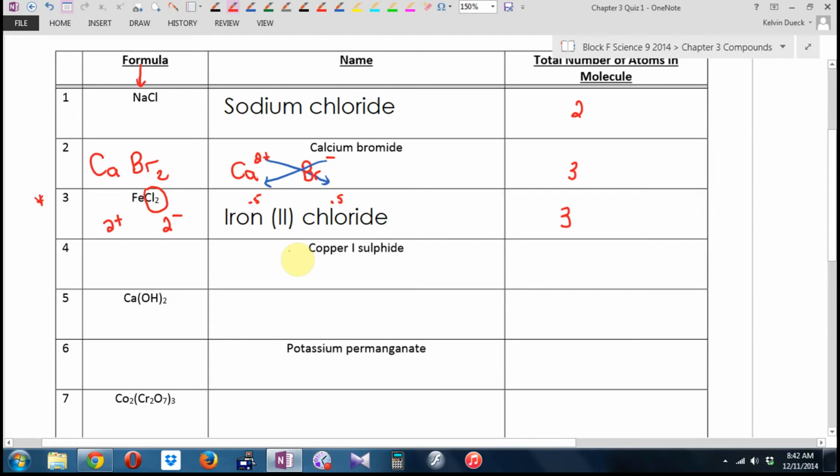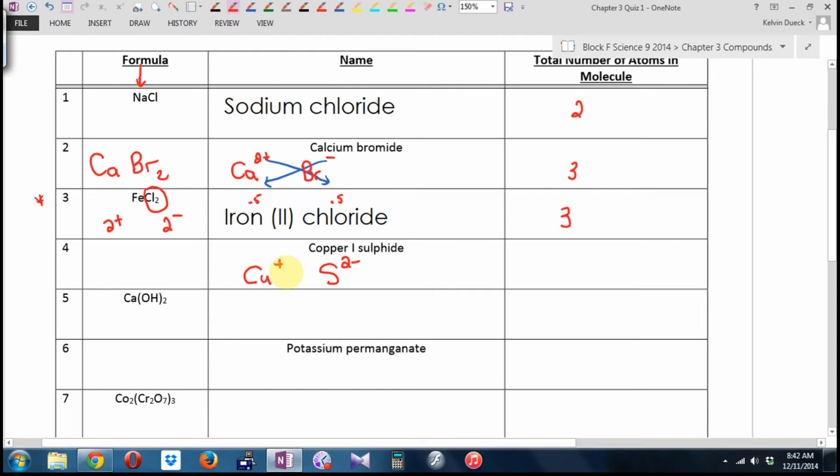Next one, copper 1 sulfide. Okay, copper is multivalent. So if I want to figure out the formula, I have to crisscross. Now sulfur, I'm pretty sure, is 2 negative. I'm going from memory, by the way. If I'm wrong, can you guys holler at me? Copper is multivalent. Oh, wait, no, wait a minute. Although it's multivalent, which charge do they insist that they want me to put here?